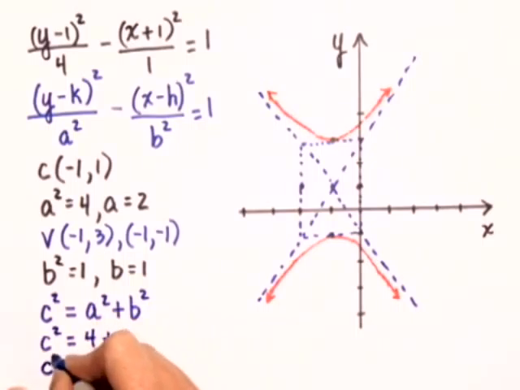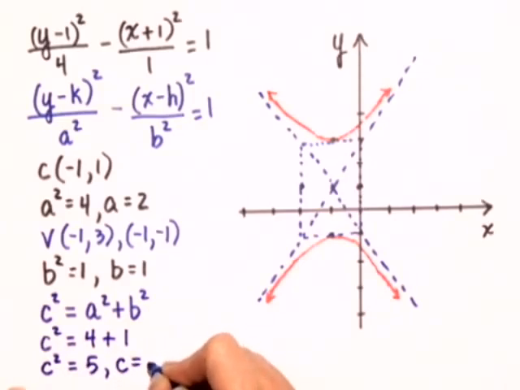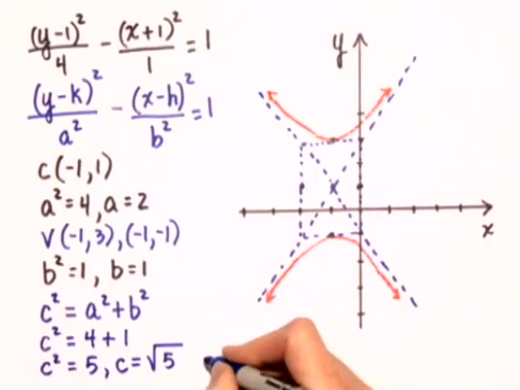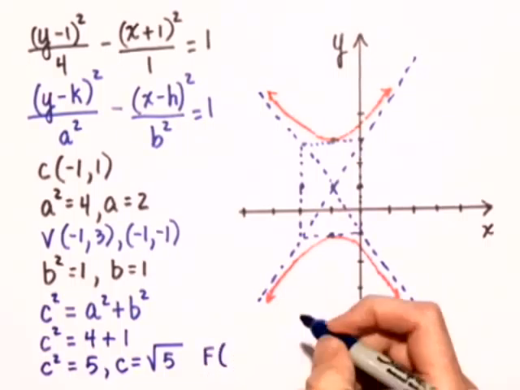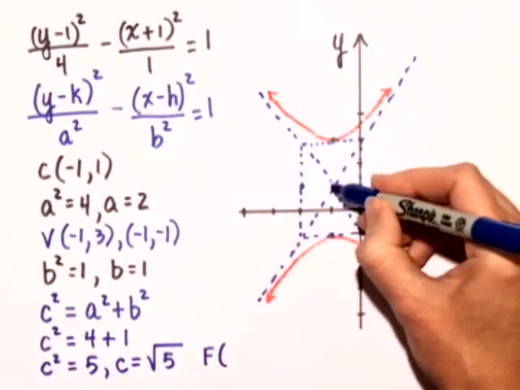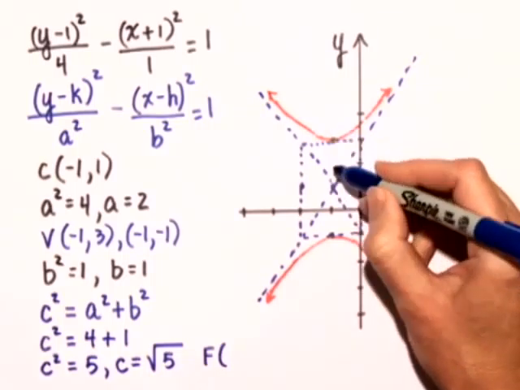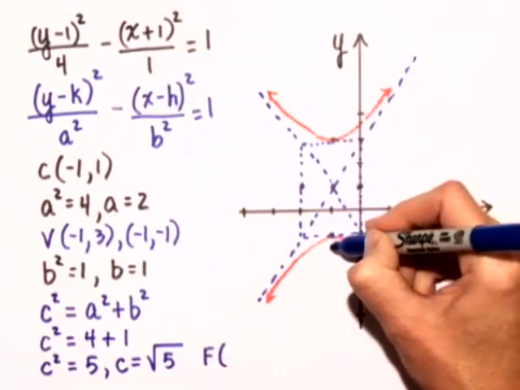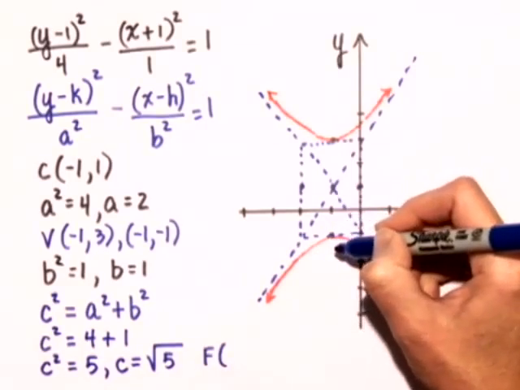So therefore, c squared is equal to 5, or c is equal to the square root of 5. So the focus always lies along the same axis as the transverse axis.